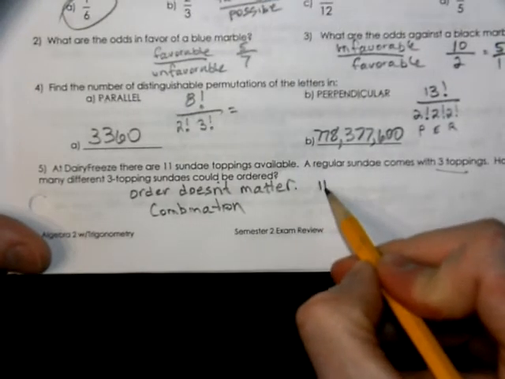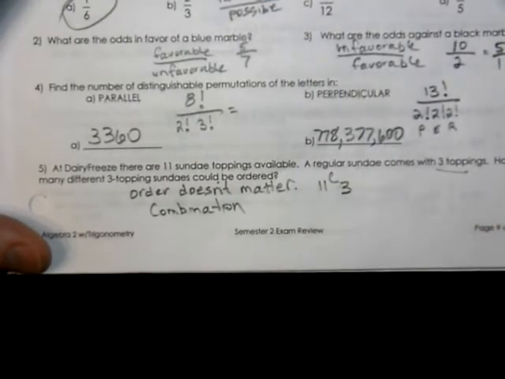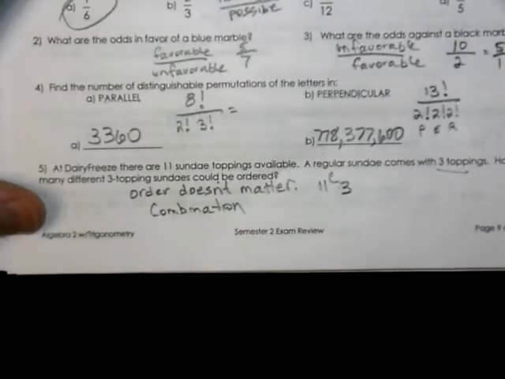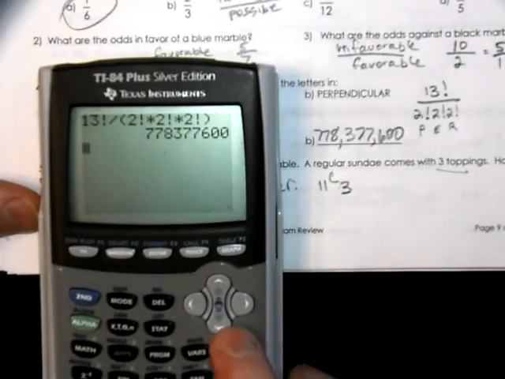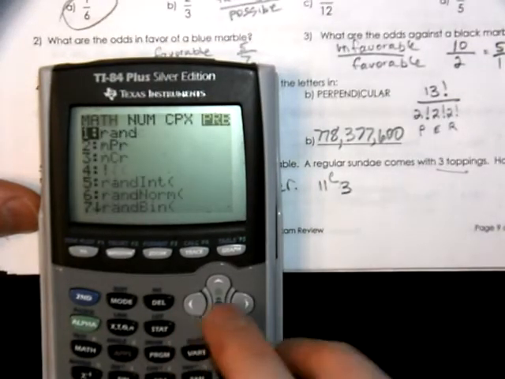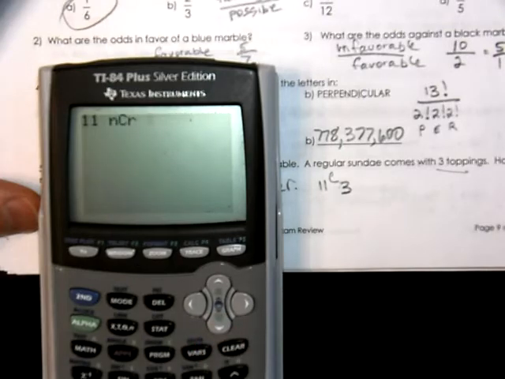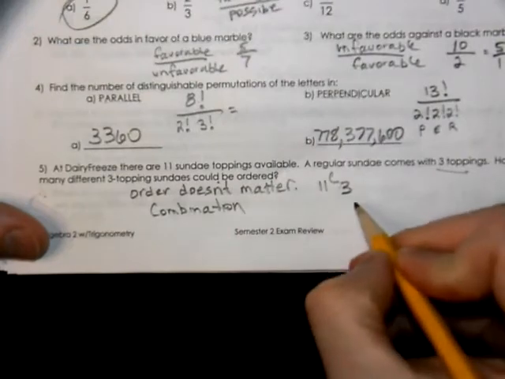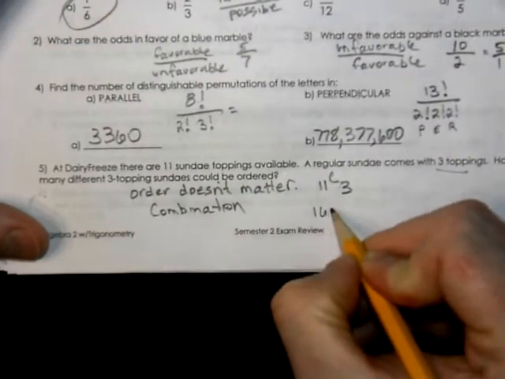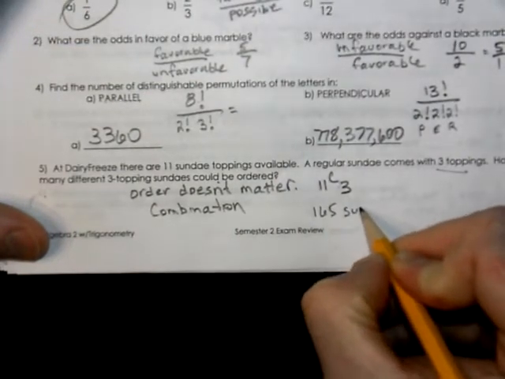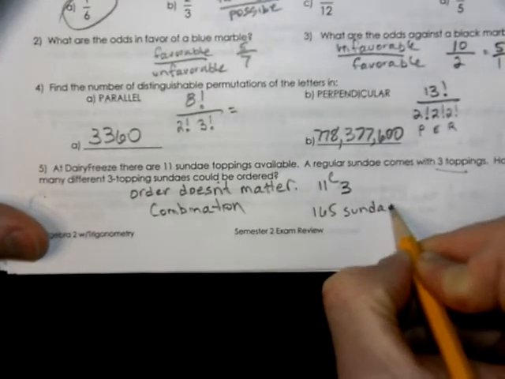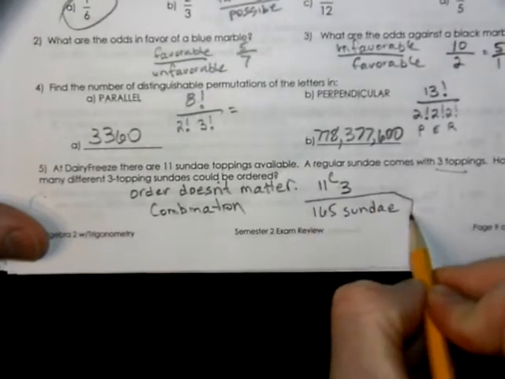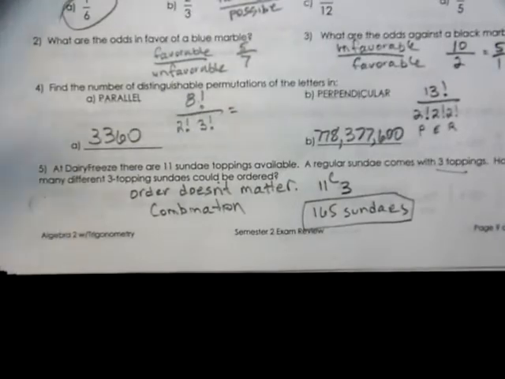So we'd say that it's a combination. We have 11, and we're going to choose 3 toppings. So we have 165 sundaes.